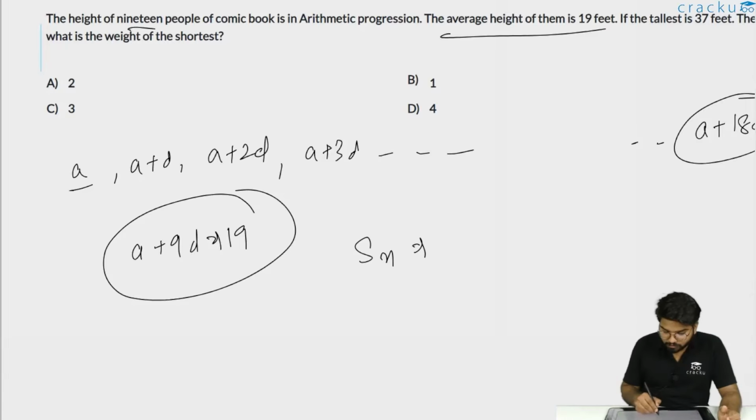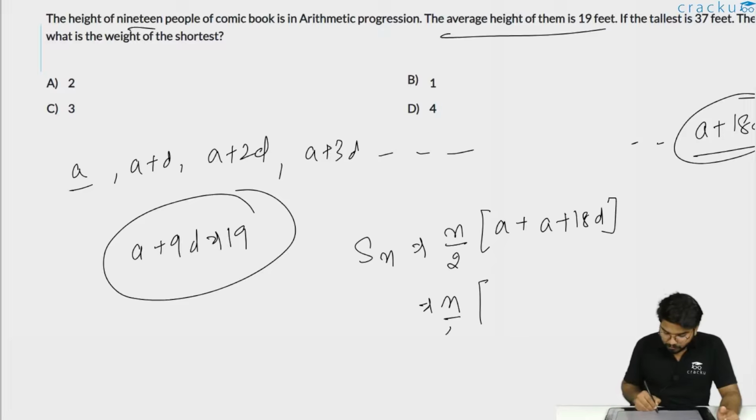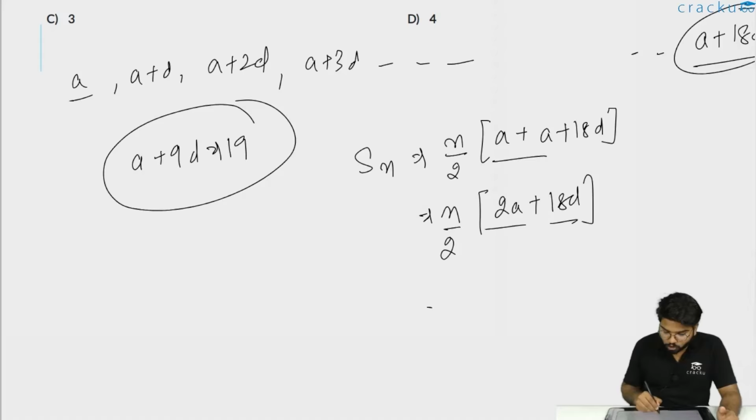So we have the formula: n by 2 into first term plus last term. First term is A, last term is A plus 18D, so n by 2 into 2A plus 18D. From these two we can take out 2 common. So n by 2 into 2 into A plus 9D.